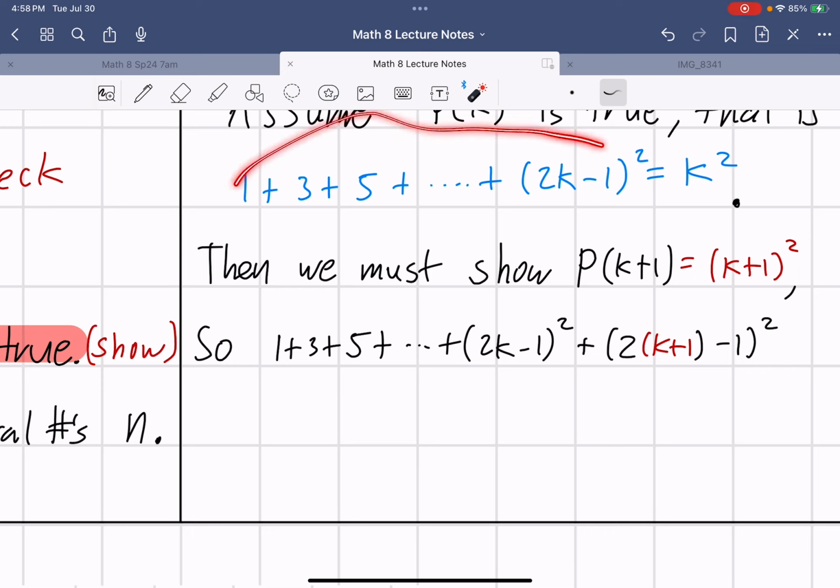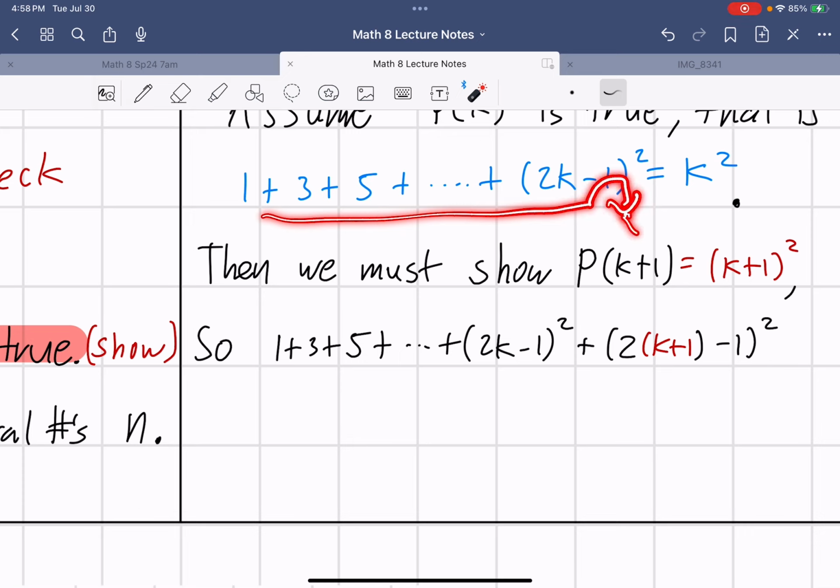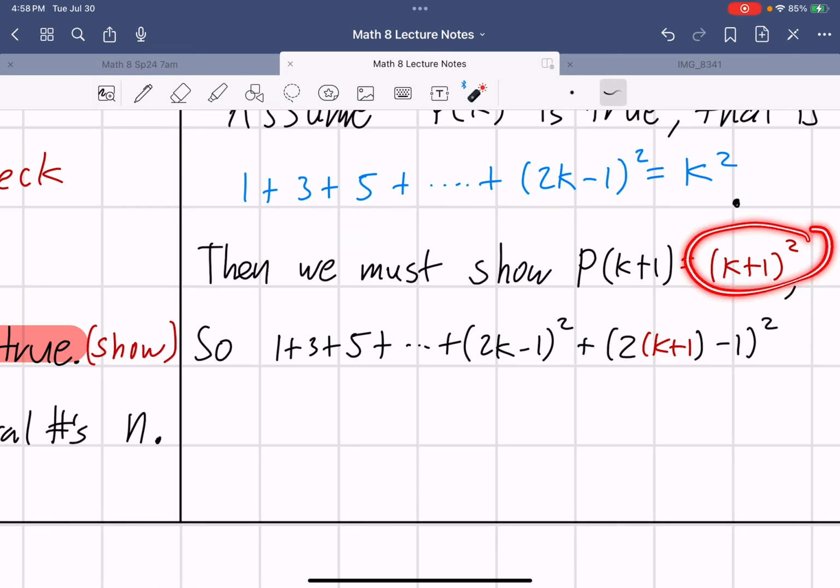But I'm only going to work with the left-hand side to produce the right. Because if I'm showing that this is working, then the next one works. And I can show that this formula is still going to give me the same representation with k plus 1 in it, then it must work forever. I know it's a little confusing, but think of the idea of like being that next one.